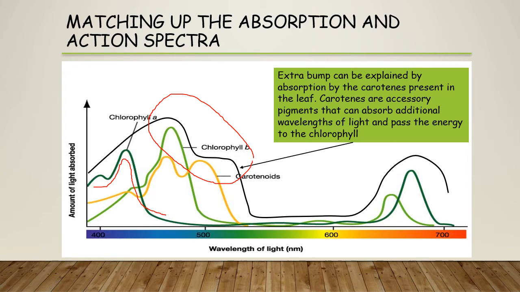And obviously the absorption of light is very low from chlorophyll A in this kind of area. But having chlorophyll B and the carotenoids increases the action spectra in this region, that it just wouldn't happen if you didn't have those extra pigments available to you in that leaf.